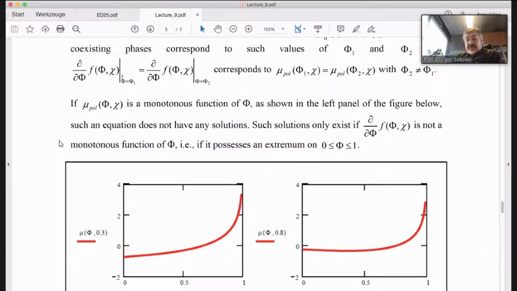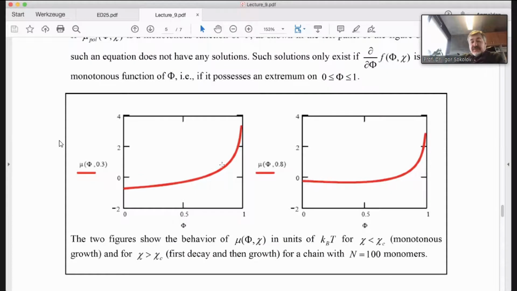If it's monotonic, you cannot have the same chemical potentials at 2 points. What does it mean? It means that the derivative of chemical potential has to change the sign. This means that the second derivative has to change the sign.